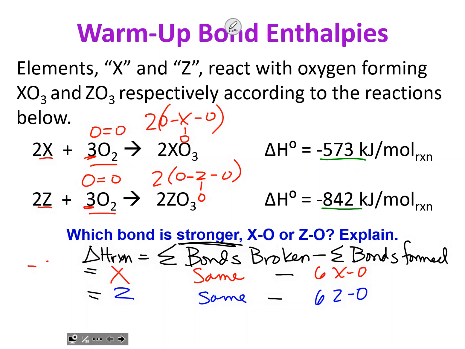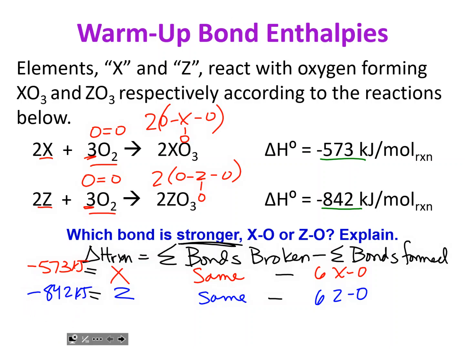This one's negative 573 kilojoules per mole of reaction. This one's negative 842 kilojoules per reaction. I kind of wanted that to be blue to match my blue. Let's do that. 842.